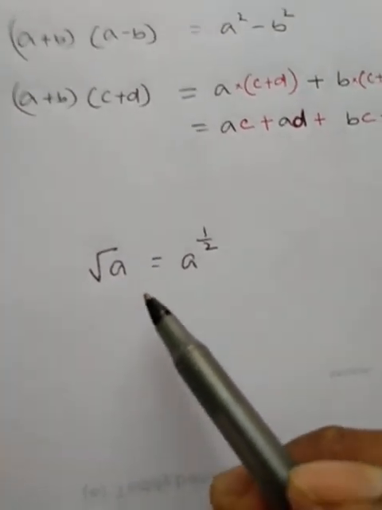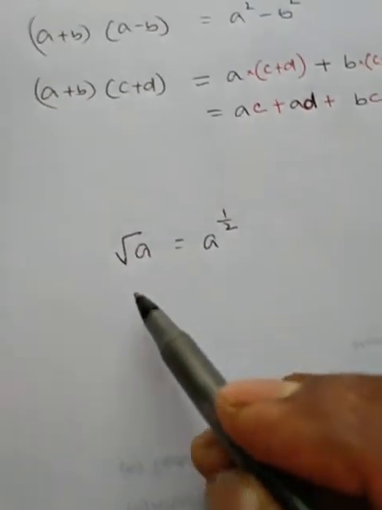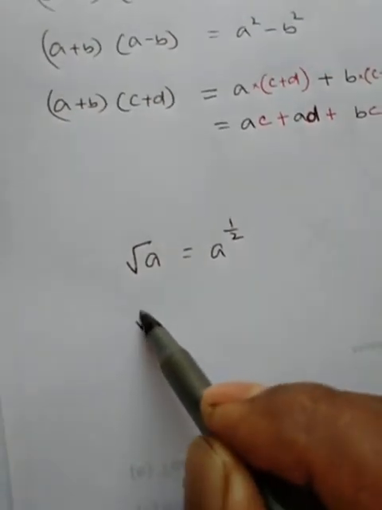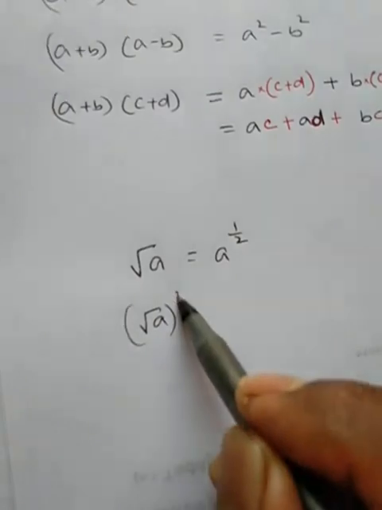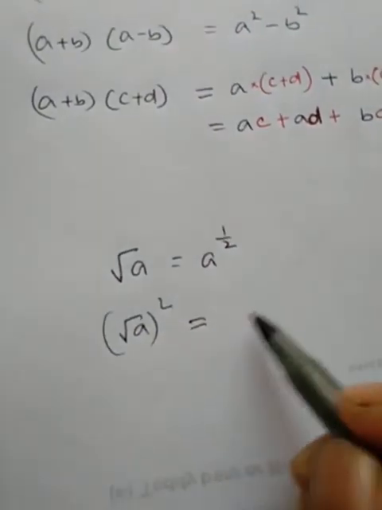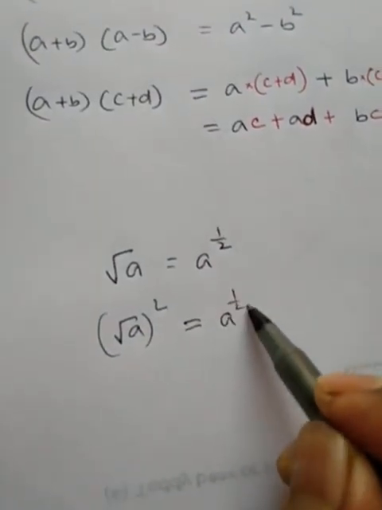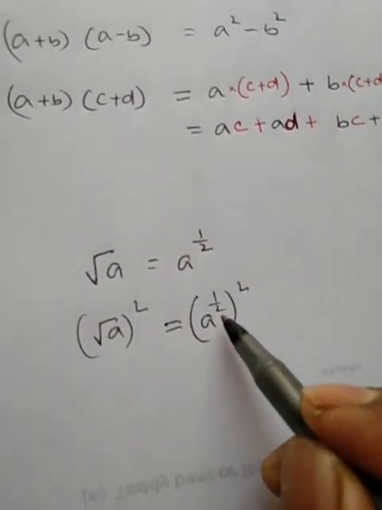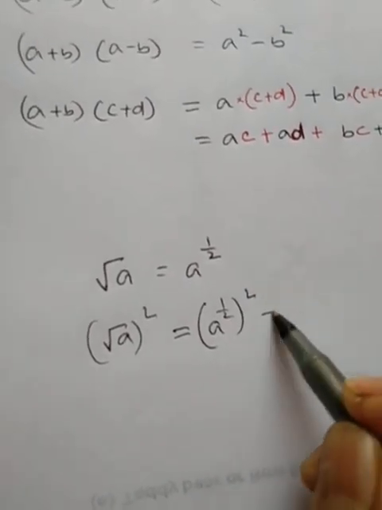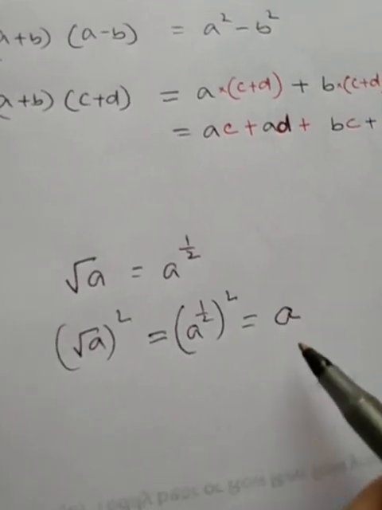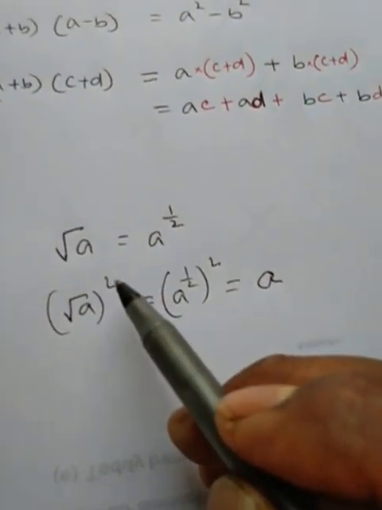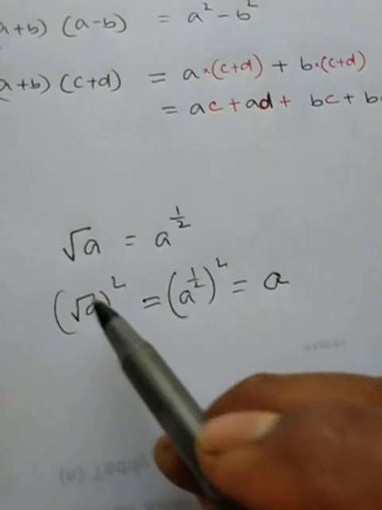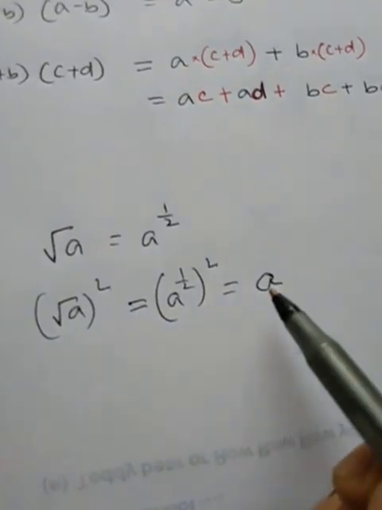Now if somewhere root over a square is there, then this will become a to the power half, whole square, and then this 2 and this 2 will cancel out. Finally it will be a. So the square of root over a is always a.